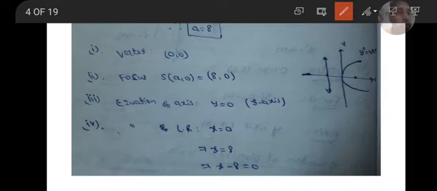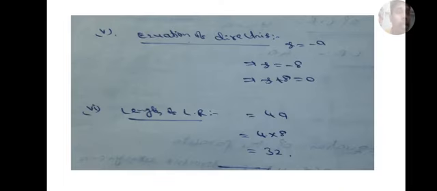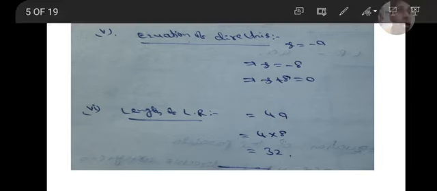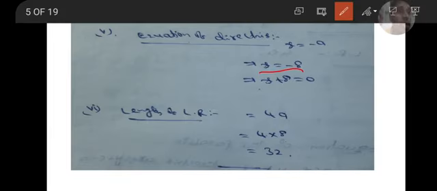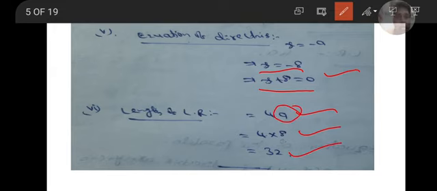Next, the equation of the directrix is x equal to minus a, that is x equal to minus 8, or x plus 8 equal to 0. The length of the latus rectum is 4a, that is 4 into 8, which is 32. These are the 6 values.